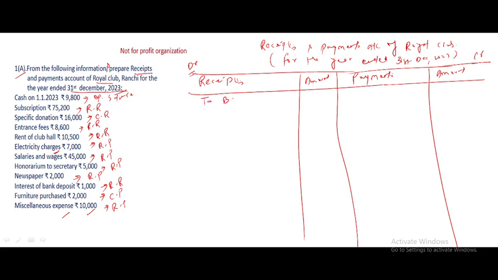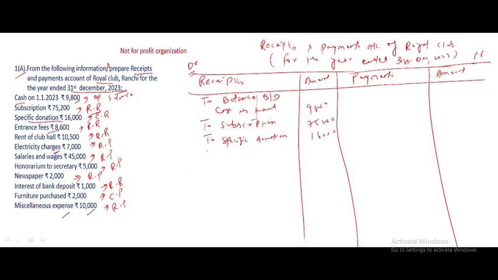Opening balance is given, so right here on top, to balance b/d, opening cash, so write cash in hand, amount is 9,800. Okay. Subscription is revenue receipt recorded on the debit side. To subscription 75,200. A special donation, it is also a receipt, recorded on the debit side, 16,000.